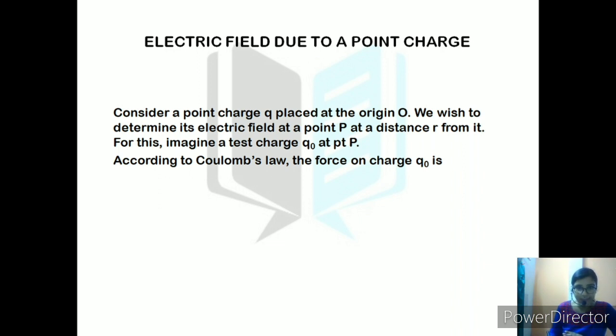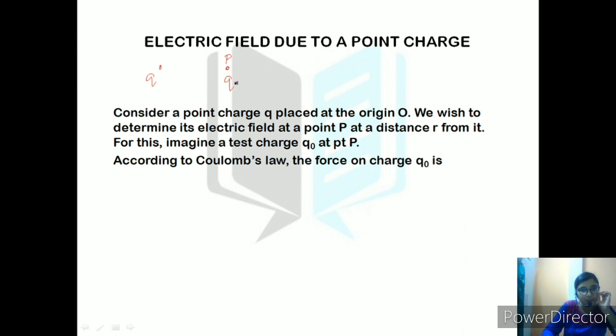Now we have defined electric field intensity at a point. Now we'll find out what the electric field intensity at a point due to a point charge is. Here this is the point charge Q, and we want to find out the electric field intensity due to this point charge Q at this point P. To find the intensity, we have to consider a test charge.